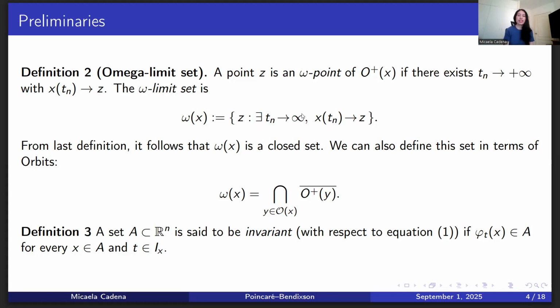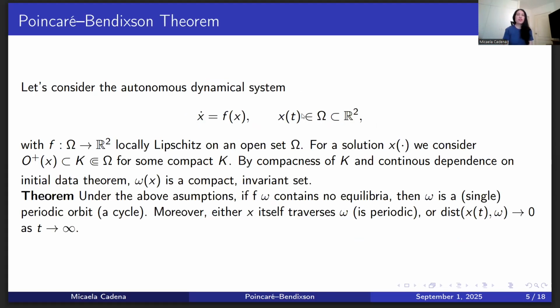We also define that a set A of R^n is said to be invariant with respect to equation 1 if phi t of x belongs to A for every x in A and every t in the maximal interval of x. So now we're ready to announce our theorem.